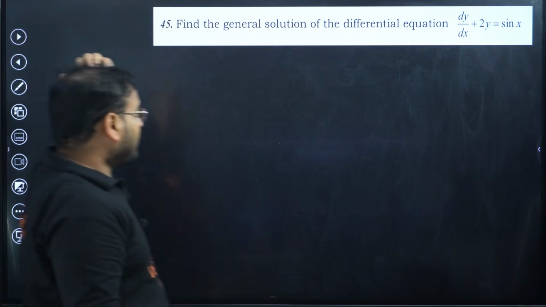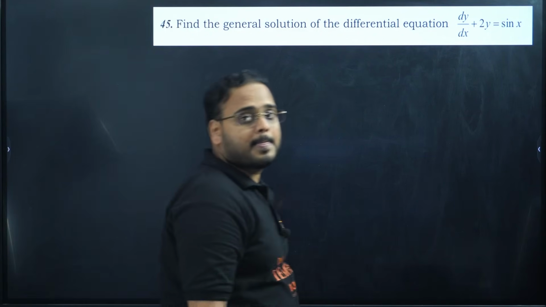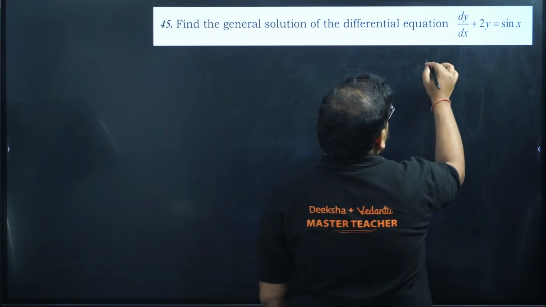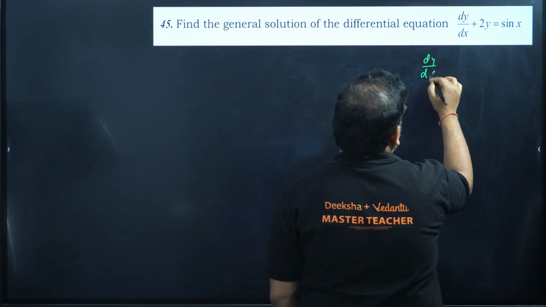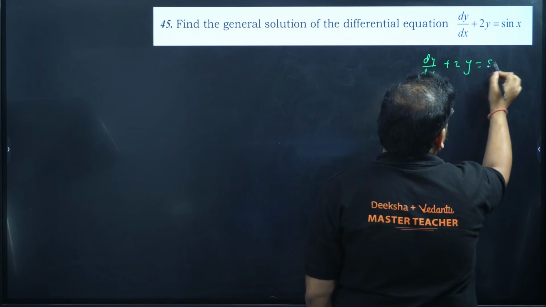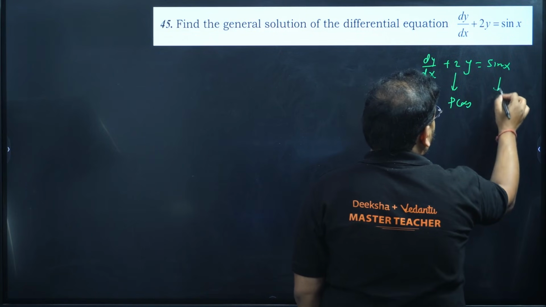Question 45. The general solution of the differential equation given like this. If you remember, this is a linear differential equation of the form dy by dx plus 2y sin x. It means my value of p is this and the value of q is this.